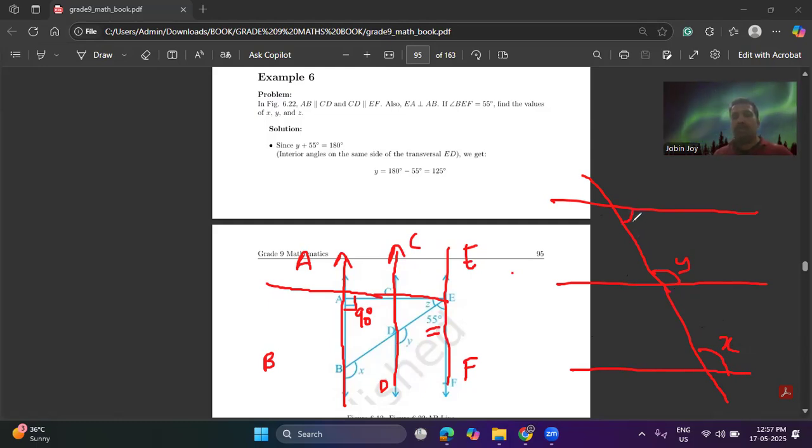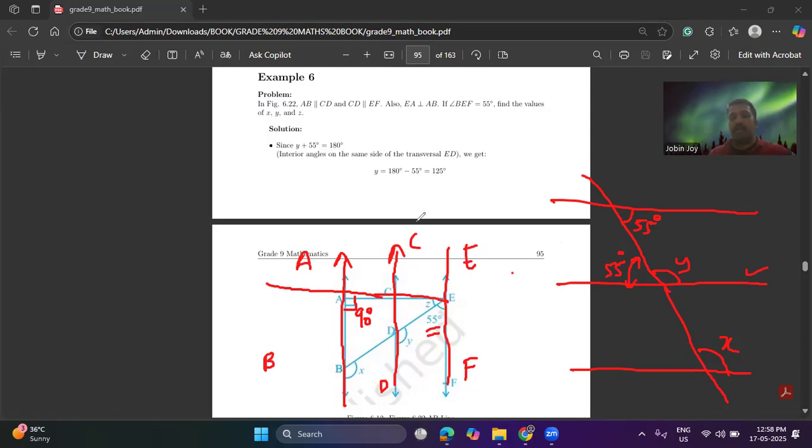This angle is 55 degrees, so this other angle is also 55 degrees, as interior angles on the same side of the transversal.